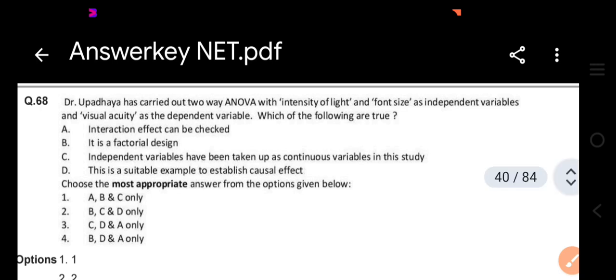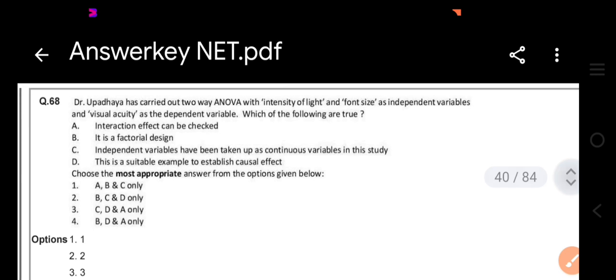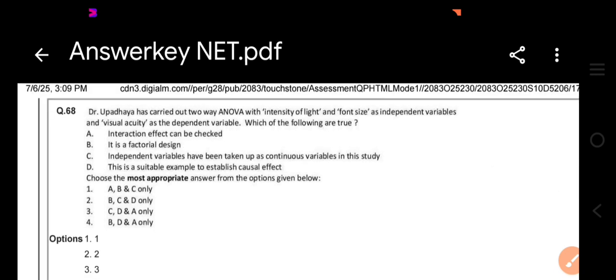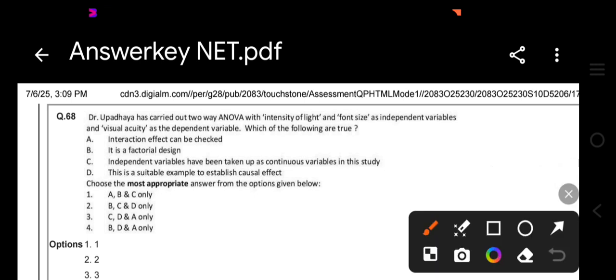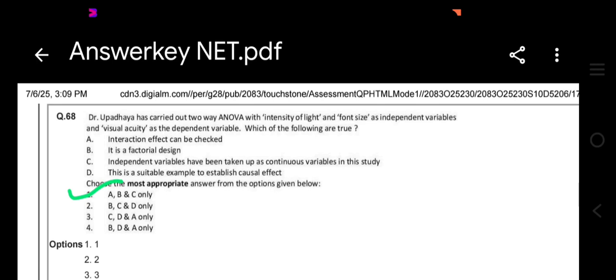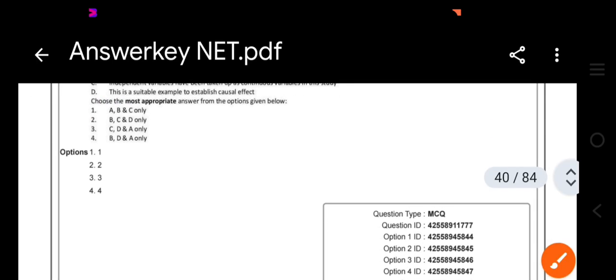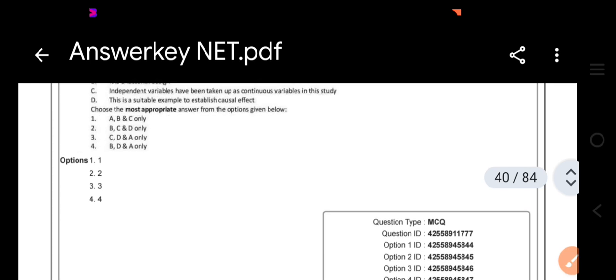Now we have to choose which is relevant. Although the information is not sufficient in this question, it is very difficult to say which is the right one. A is true, we can say. Option 1 is more suitable comparatively, because the information is not that sufficient, so option 1 is more matching.